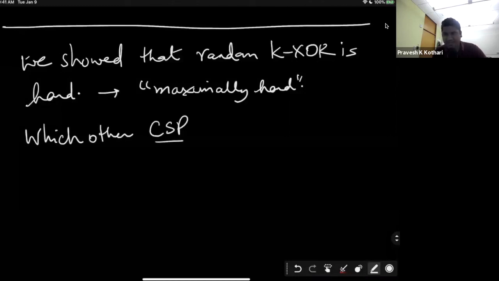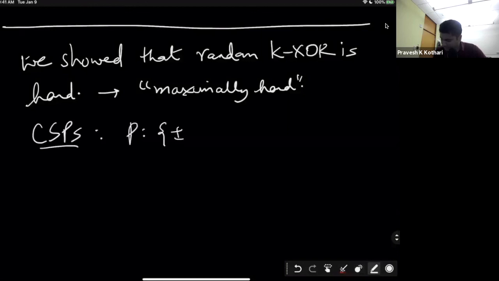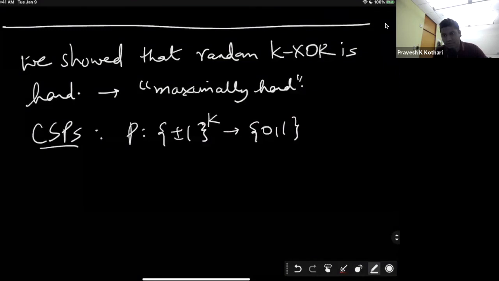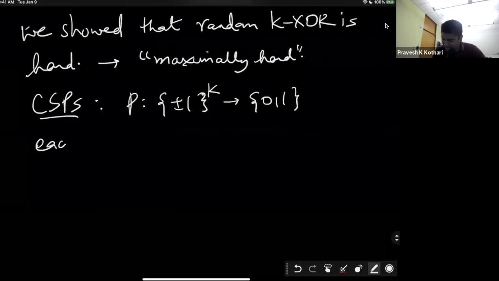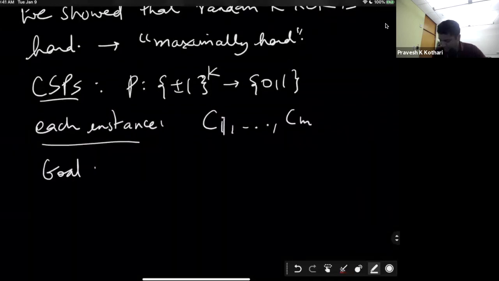CSPs. So remember we defined CSPs earlier. So instead of the KXOR predicate, maybe I can remind you of what CSPs are. CSPs are defined by some Boolean function like this. Basically, it's some assignment to K variables. Some of them are satisfying, some of them aren't. And then each instance is defined, just like we did today, by a collection C1 up to CM.